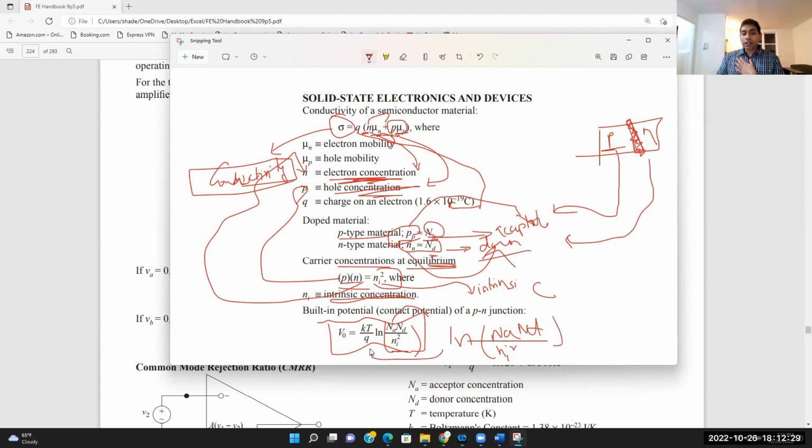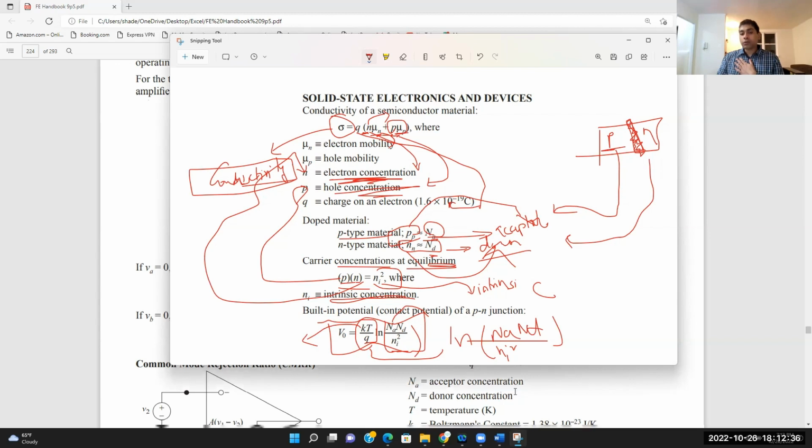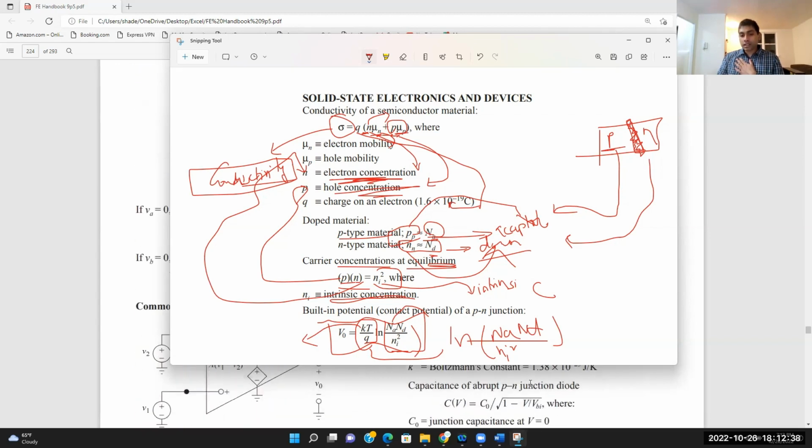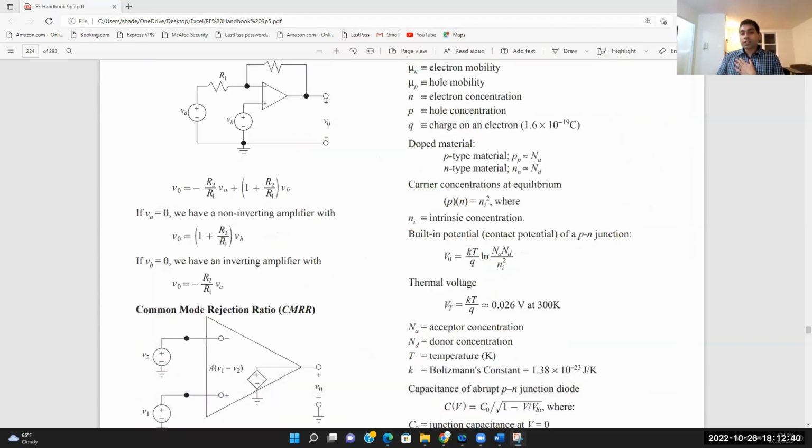You multiply it with a constant value, which is this. Now, k is the Boltzmann constant. It would be given to you, as you can see over here: 1.38 × 10^-23 joule per kelvin. So that's the Boltzmann constant.